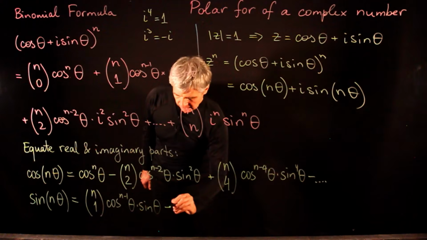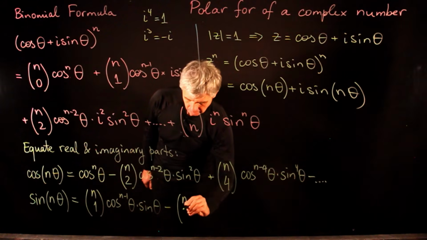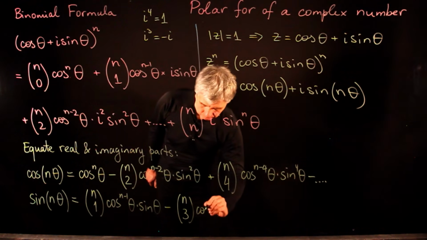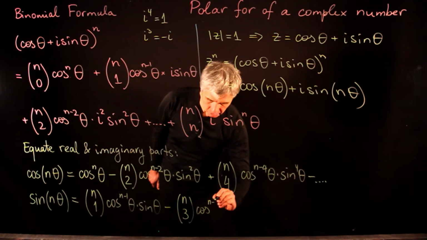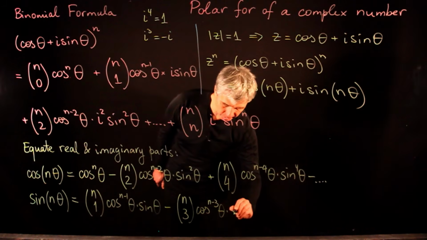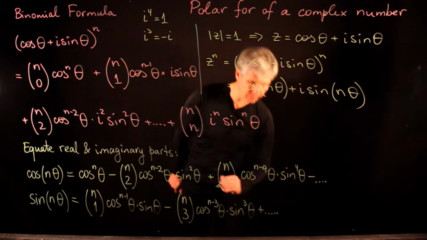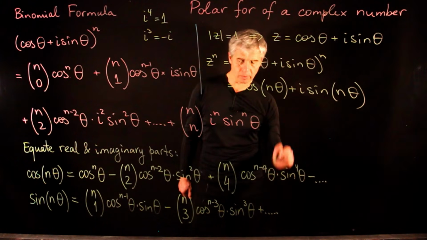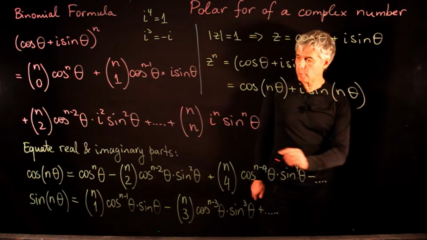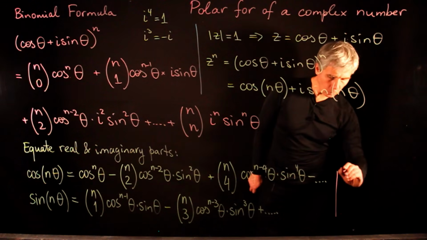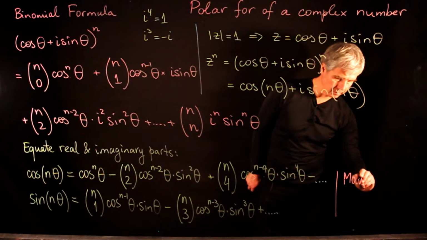So we'll have minus n choose 3 cos to the n minus 3 theta times sine cubed theta plus, and so we'll have an alternating sum of this kind. The formulas that we get here are called Moivre's identities.